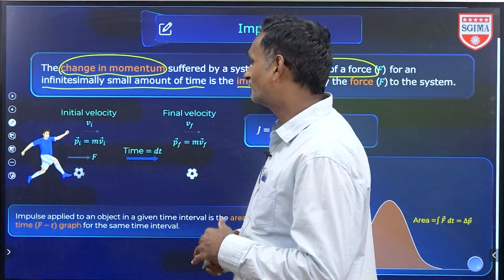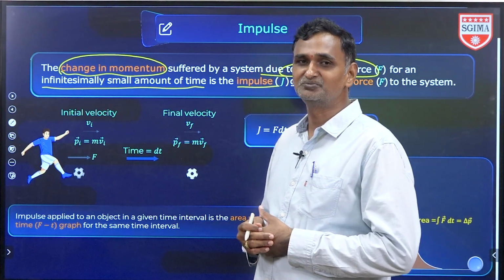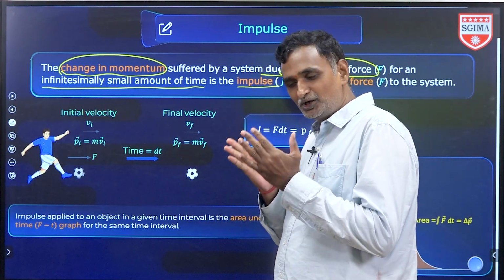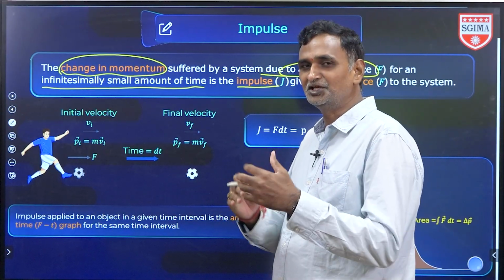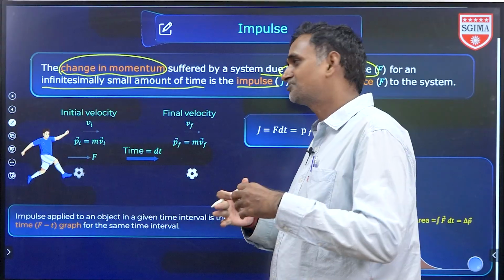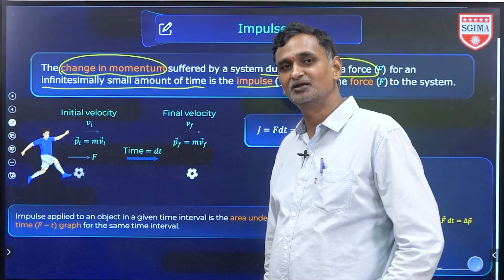So impulse means that in a very short interval of time, if any force acts on the system, a change in momentum takes place. This phenomenon is called impulse.